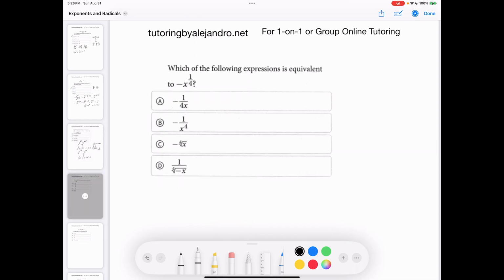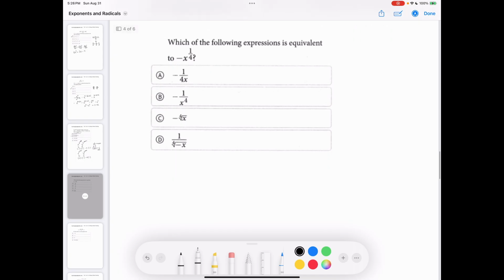All right, so now I have: which of the following expressions is equivalent to negative x to the 1/4 power? Let's not worry about the negative for now, because it's outside of the x and the 1/4. So the x to the 1/4, if you recall, there's a way to rewrite this using a root.